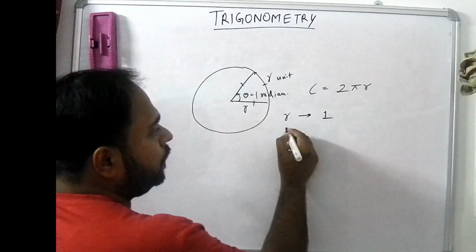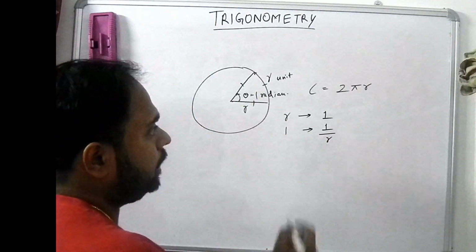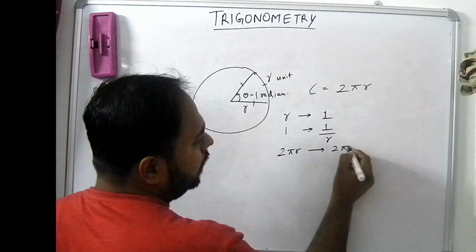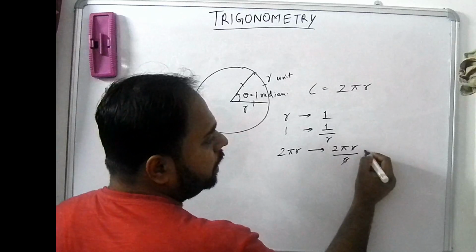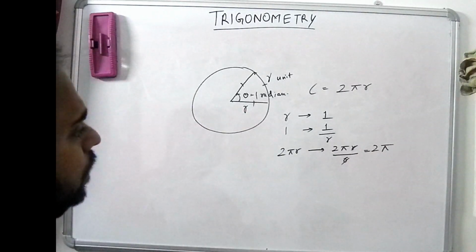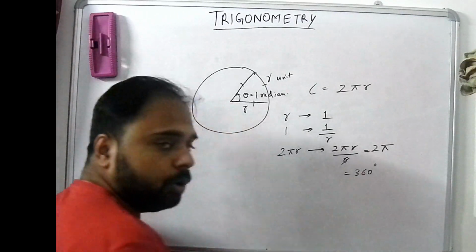That means 1 unit gives an angle of 1 by r radian, right? That means 2 pi r gives an angle of 2 pi r upon r, which is nothing but 2 pi, right? So I can say that one complete circle, which is equal to 360 degrees, is equal to 2 pi radians.